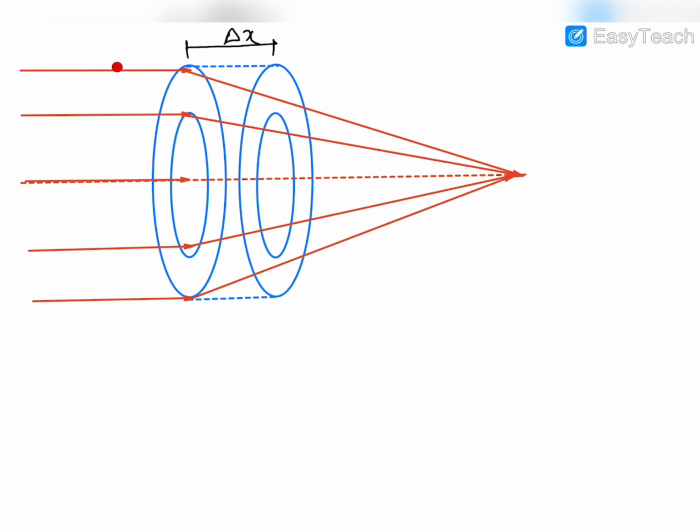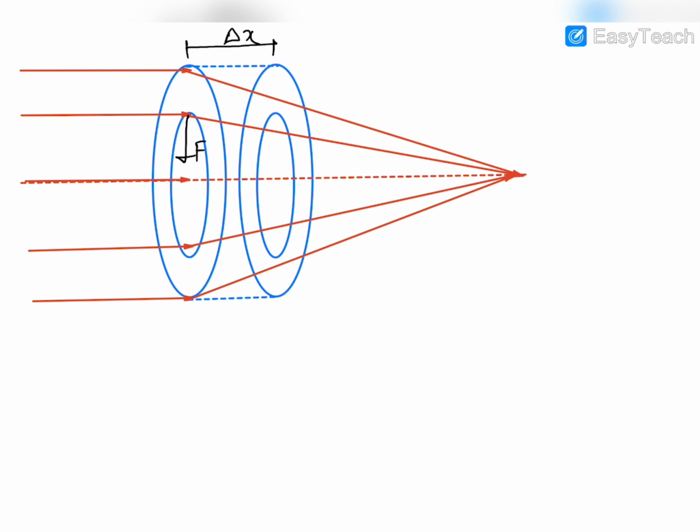Due to the radial nature of the magnetic field, the magnetic force would be acting in the downward direction, because if the field lines are coming out of the plane at this point, the magnetic force would act downward. Similarly, this force will be variable, because each particle is incident on these field lines at a variable distance from the axis, therefore the magnetic field is variable.